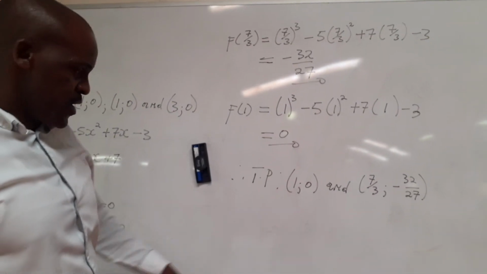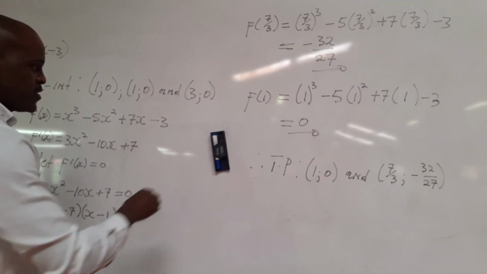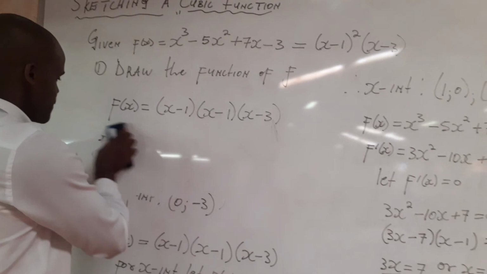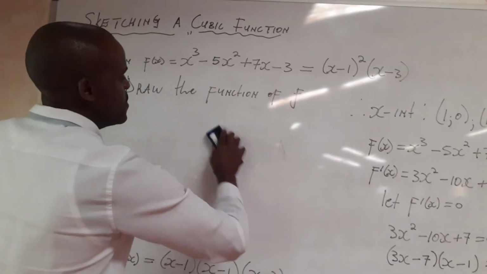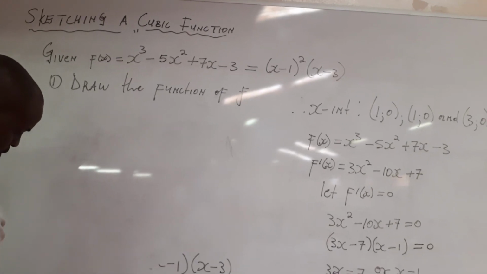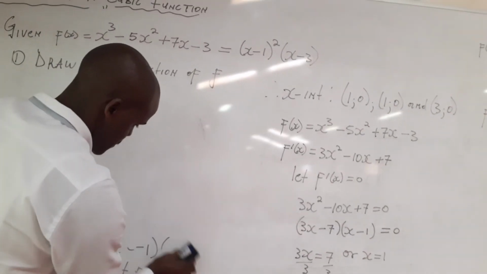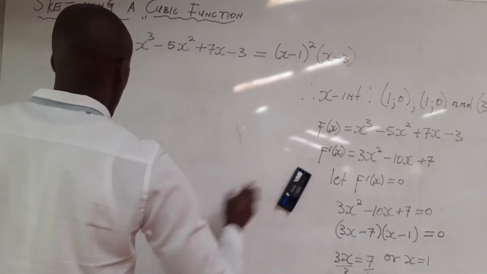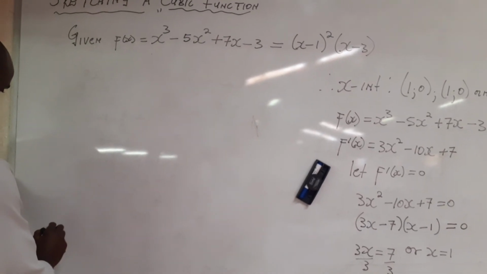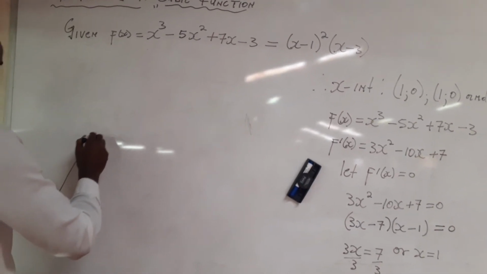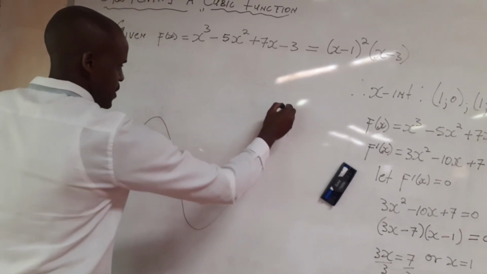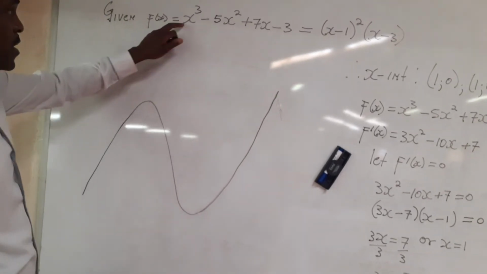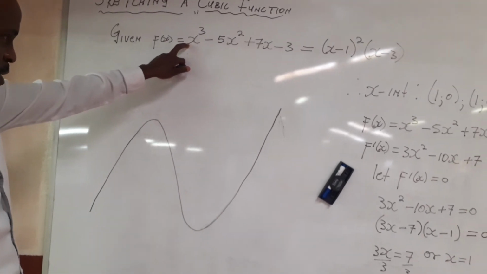Now we are to sketch the graph. A is positive, so it's an increasing function.